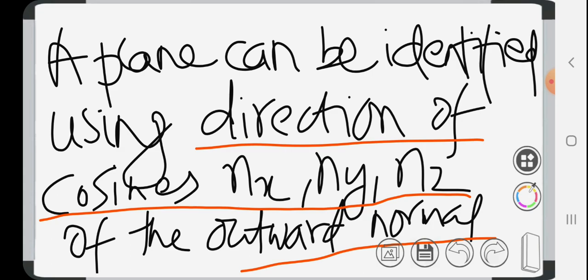So students, have you studied the concept called direction cosines? Maybe you have studied it in your previous mathematics class. I hope you have. If you don't know the idea of direction cosines, please check it on your own, or you can contact your mathematics teacher.